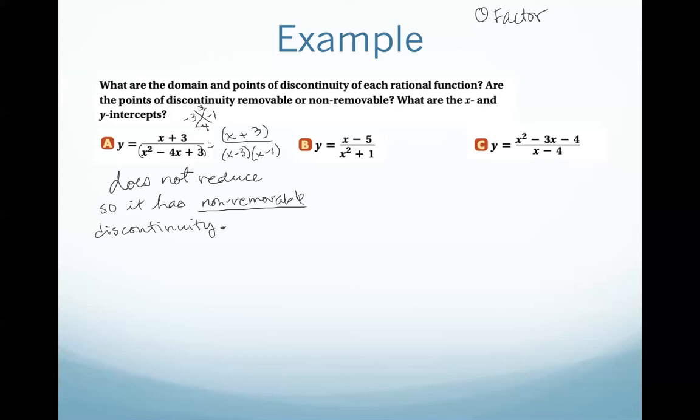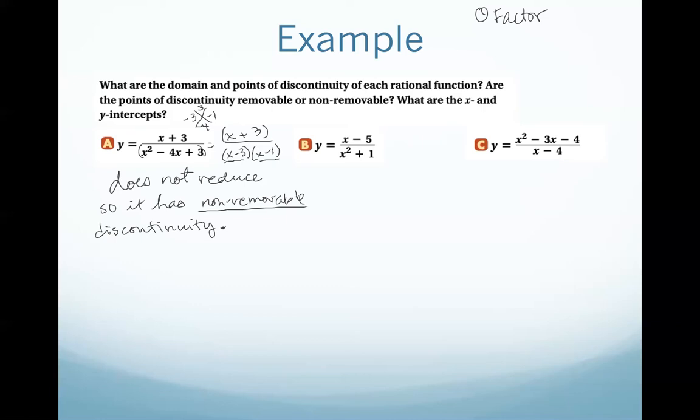Specifically, in order to find the discontinuity, we said it comes from the fact that we cannot divide by 0. So we need to say what numbers would create division by 0. And that also is easier to see in factored form. Just like when we were finding polynomials, we're going to set each factor equal to 0, but we're only concerned with the ones in the denominator. If my numerator is 0, that's okay. I can divide 0 by numbers.